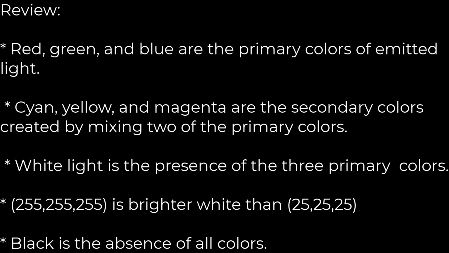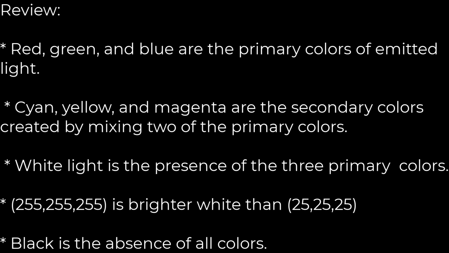Let's review the big concepts from Challenge 2 and Challenge 3. Red, green, and blue are the primary colors of emitted light. Remember, that's additive color, not subtractive. Cyan, yellow, and magenta are the secondary colors created by mixing two of the primary colors.